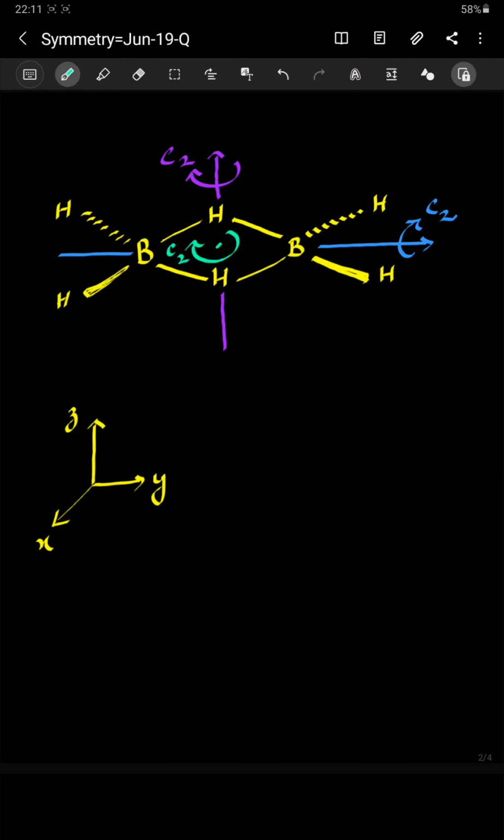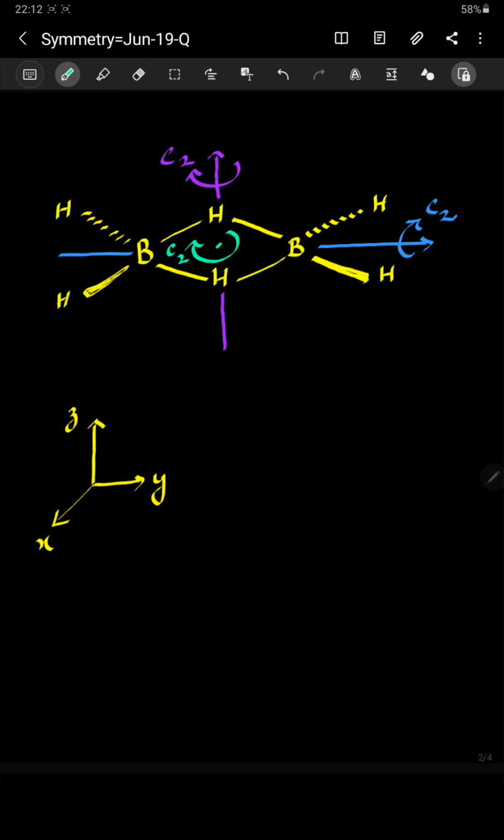Out of all these three, let me take this one as the principal axis because it is passing through two borons. This is also passing through two atoms, but for hydrogens the atomic number is less, so let's give priority to borons. If I consider the blue one as the principal rotational axis, then these two become perpendicular to it, and these are called the secondary rotational axes.